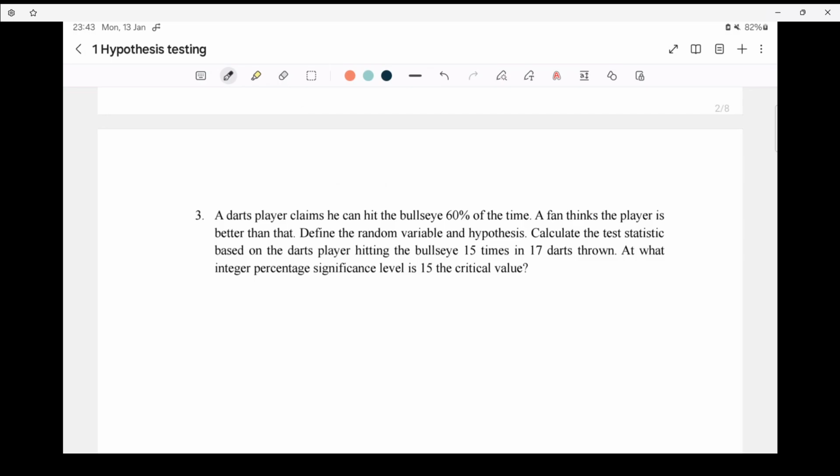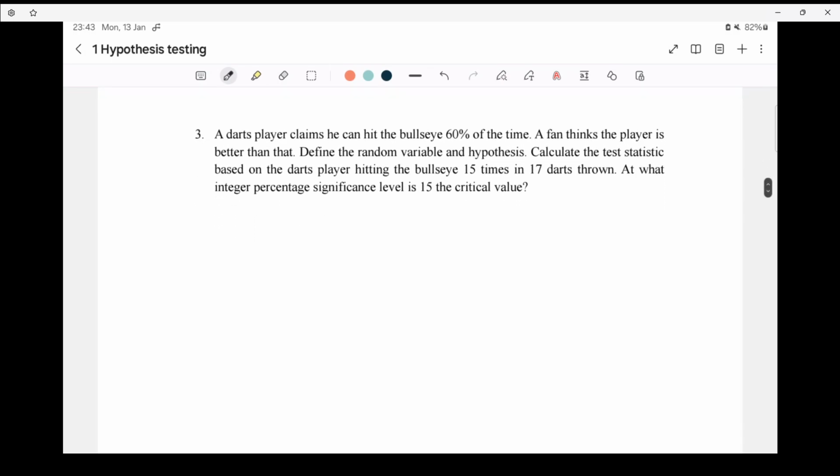So let's look at the third question. A darts player claims that he can hit the bullseye 60% of the time. So now a fan thinks the player is better than that. Define the random variable, hypothesis, and so on.